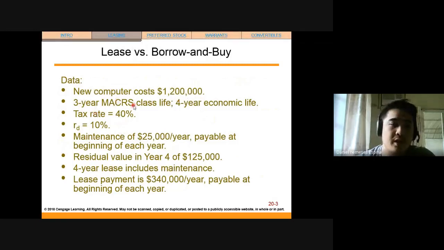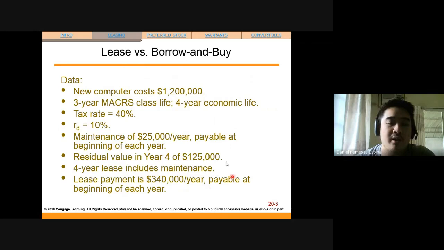The depreciation depends on the policy of the management, but it is most certain, di ba? The tax rate is not easily changed, so every year perhaps you will have the same tax rate. Discount rate, of course, if we enter into a borrowing agreement, it is stipulated in the contract. Same with the maintenance cost.